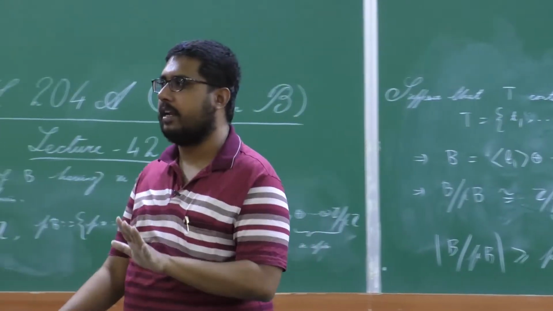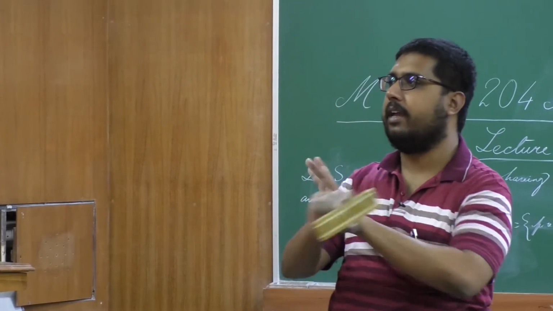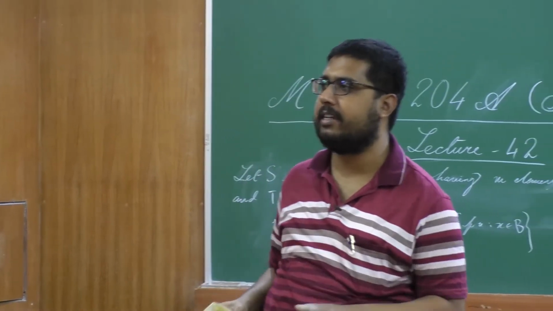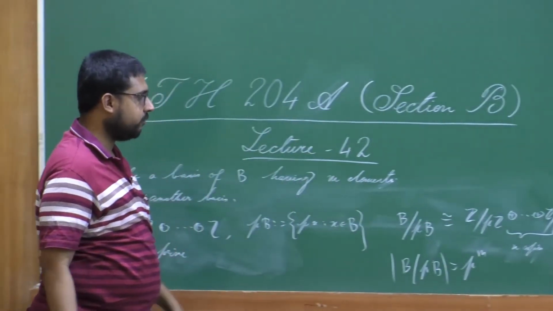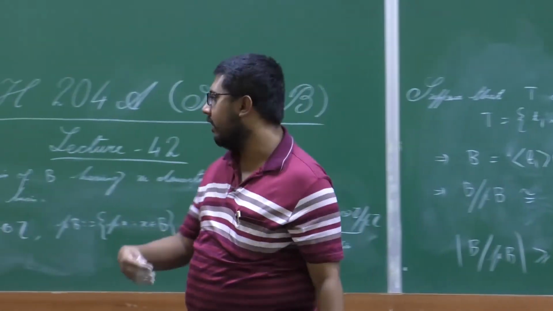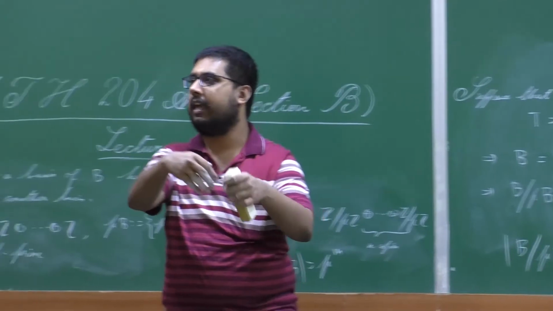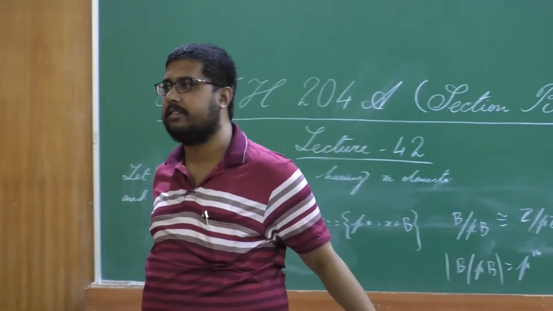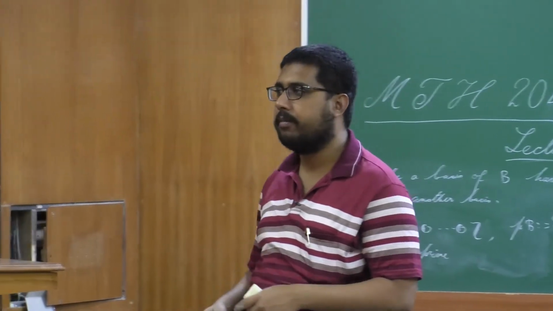So therefore right now one thing is clear, that any basis will be finite, right. And this argument also shows that if we are given two bases, one having m elements, another one having, let us say, r elements, then r cannot exceed m, right.